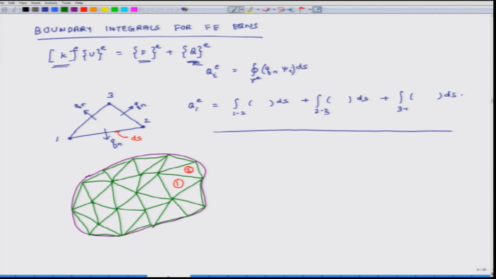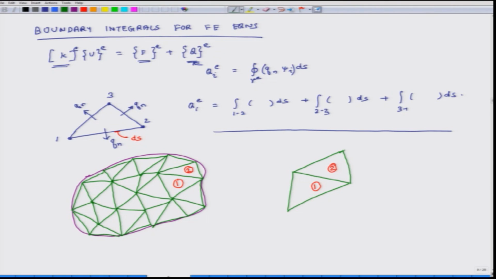I will draw these two elements separately.